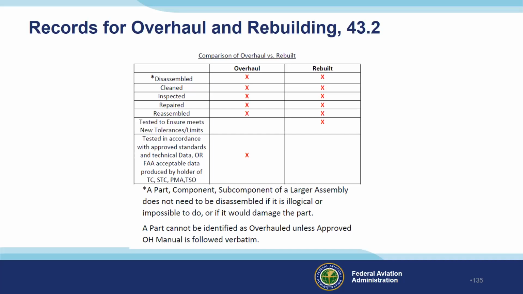The legal interpretation also reiterated that the overhaul manual must be followed verbatim. And if the overhaul manual does not direct you to disassemble the part, then it is not required. So bottom line, just make sure you're following the overhaul manual.